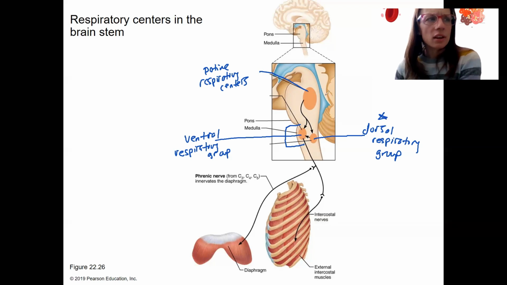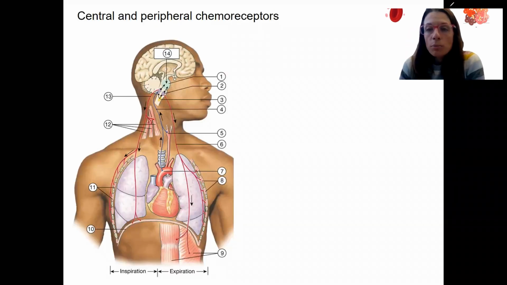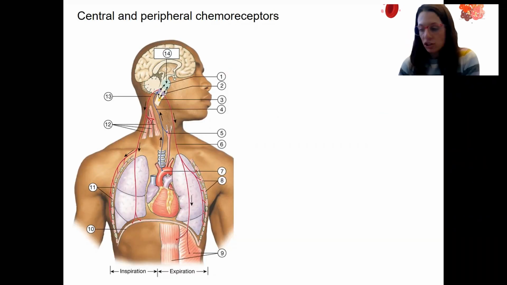And the pontine group, as you can see from this arrow, is going to influence down this way. So within the brain connections, I'm not going to talk about much more than what I just did. You know about the brain regions that regulate ventilation, the medulla primarily, pons input as well.